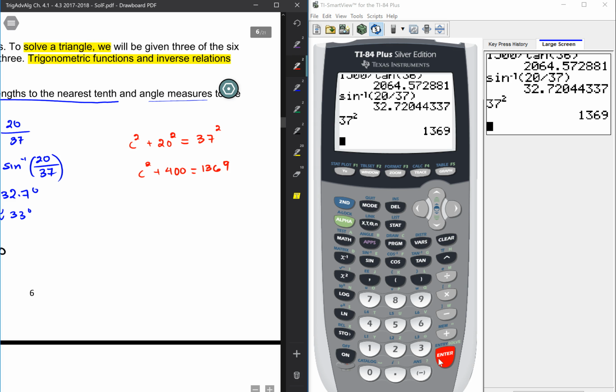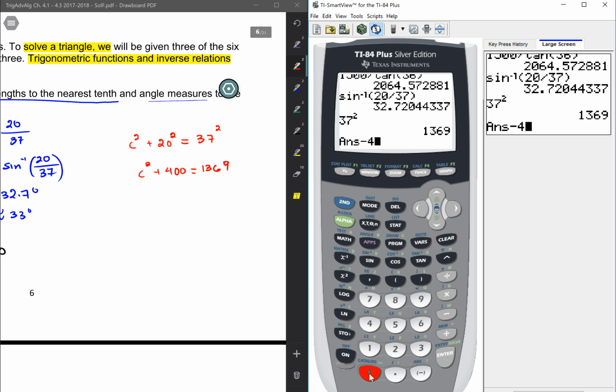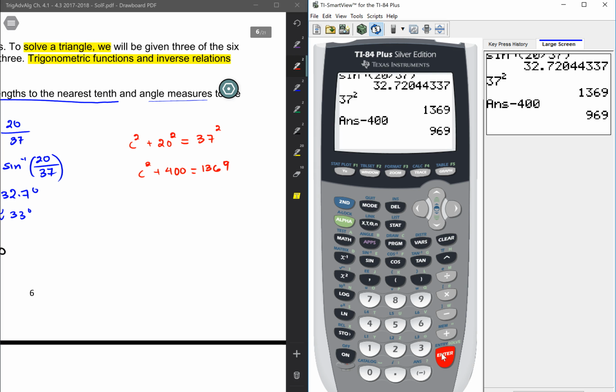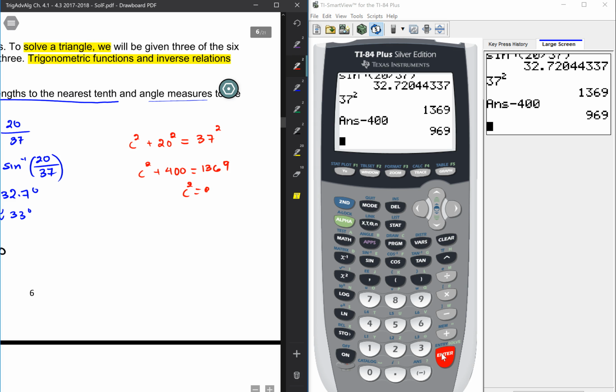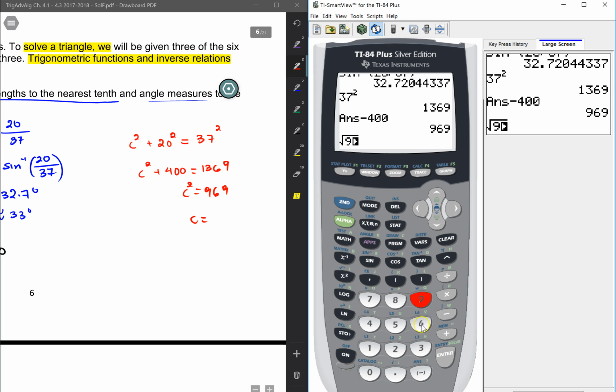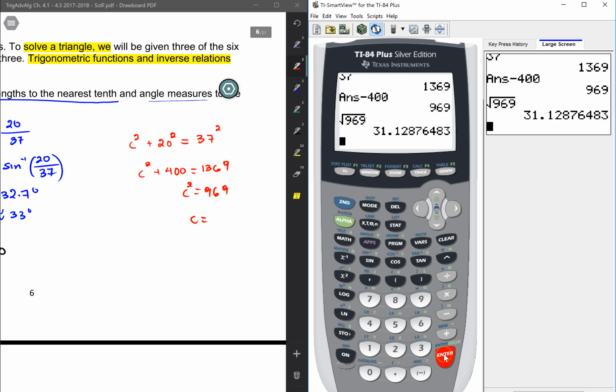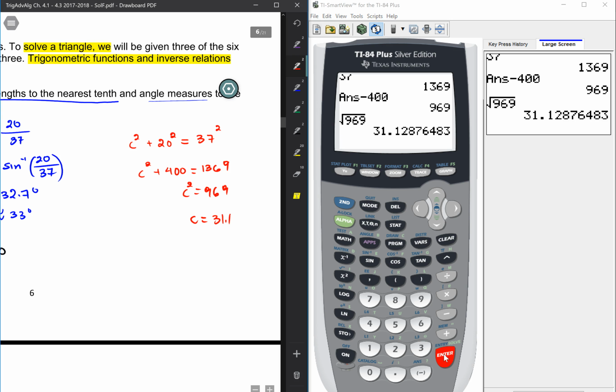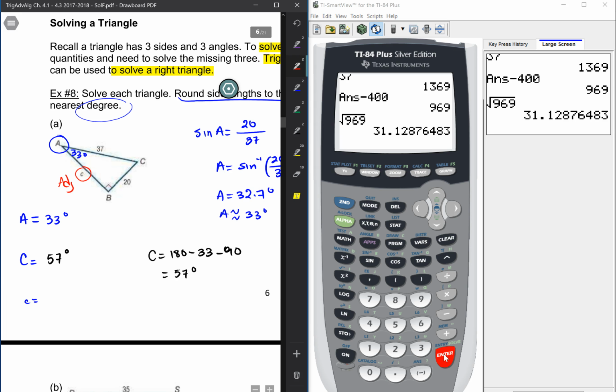Okay, and if I subtract, and when I take a square root, 31.1, 31.1. Okay. All right.